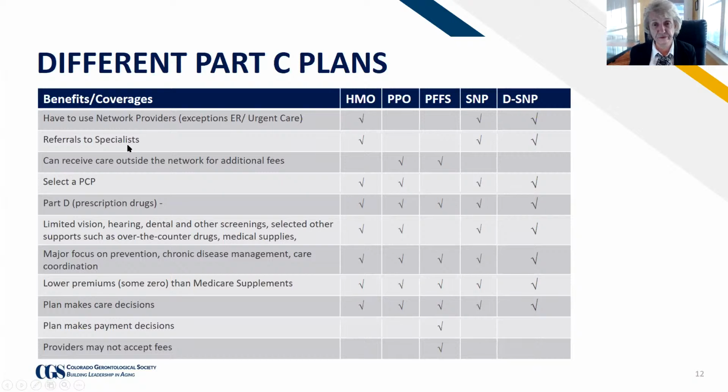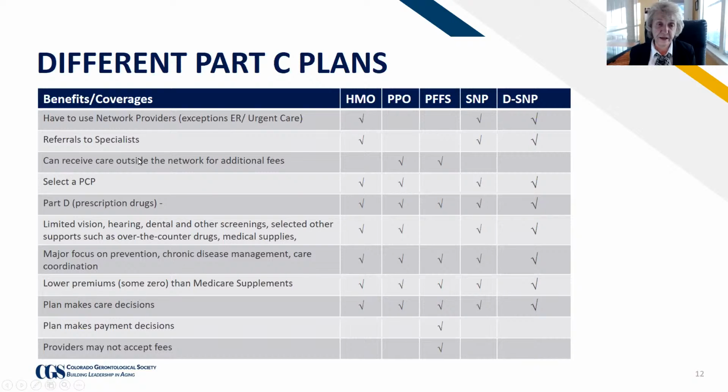Sometimes you can make your own referral to a specialist. Sometimes you have to have the company make that referral or the provider. So if you're in a PPO or a PFFS, you can go to a specialist on your own. If you are in an HMO, a SNP, or a DSNP, you have to have a referral.